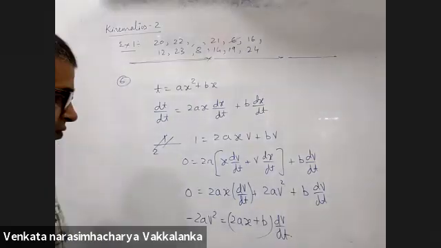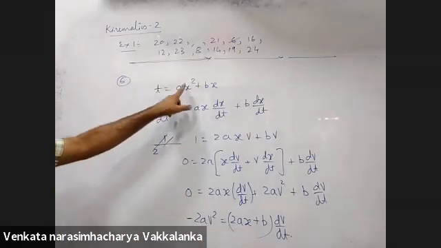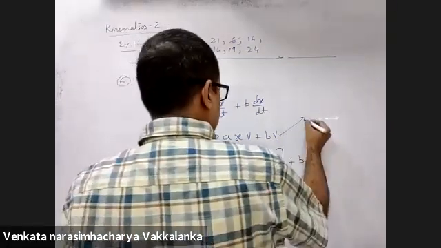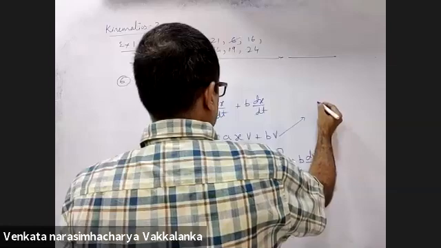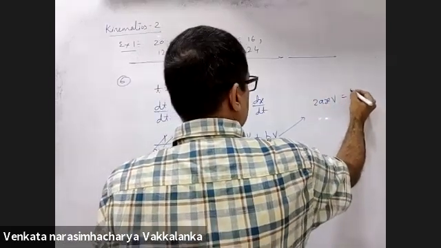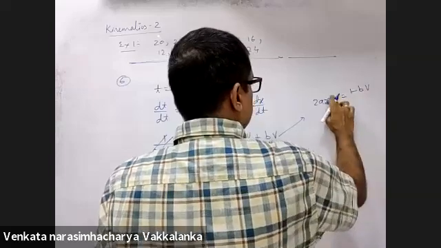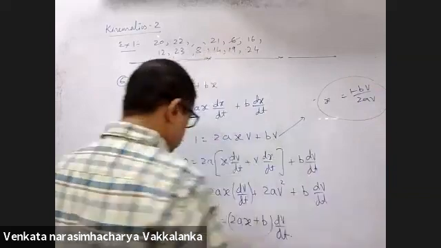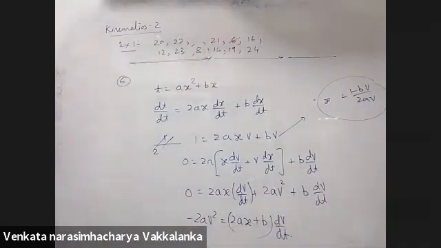If you wanted in terms of b, eliminate x from here. How do I get x in terms of b? From here, right? 2axv is equal to 1 minus bv. Bring 2av here. This x you substitute here, you get the answer.